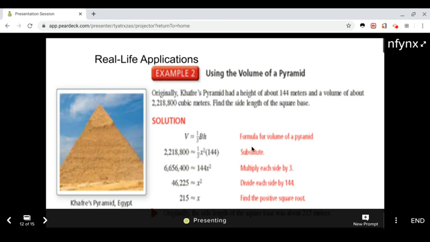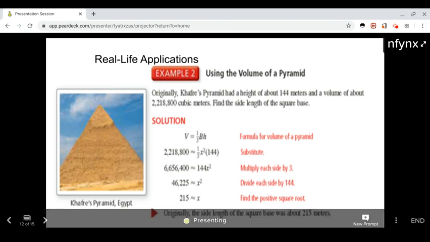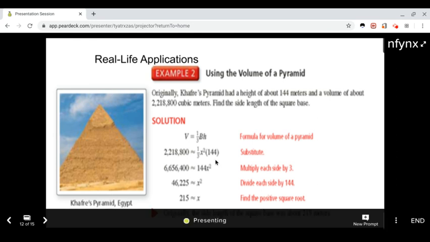And now we're going to substitute in all the values that we know. They gave us the height, they gave us the volume, so we're just going to plug that back in there. And then all we're left to find really is just the base. So now we're going to multiply each side by 3 to get rid of that here.